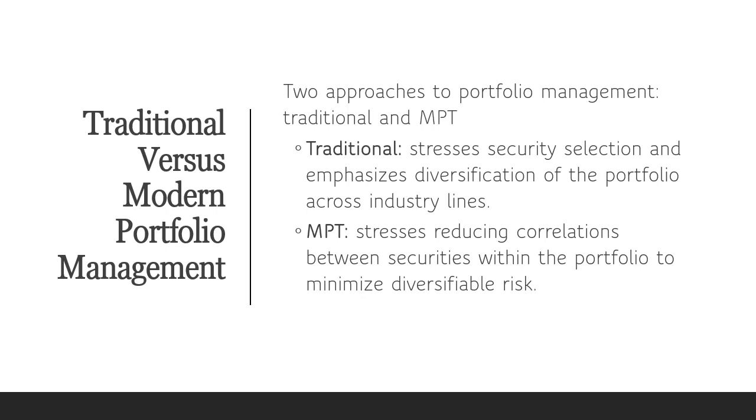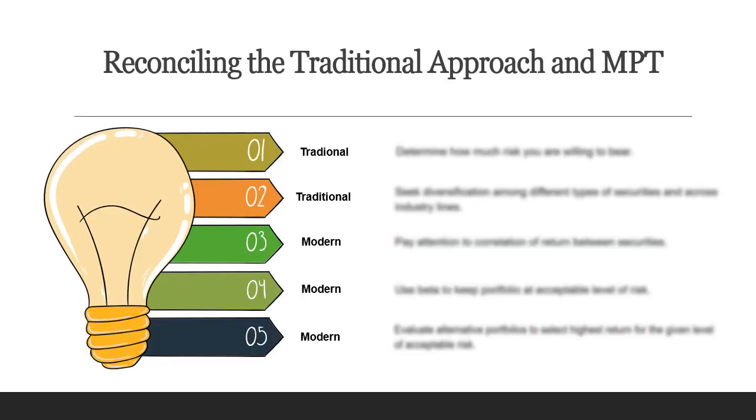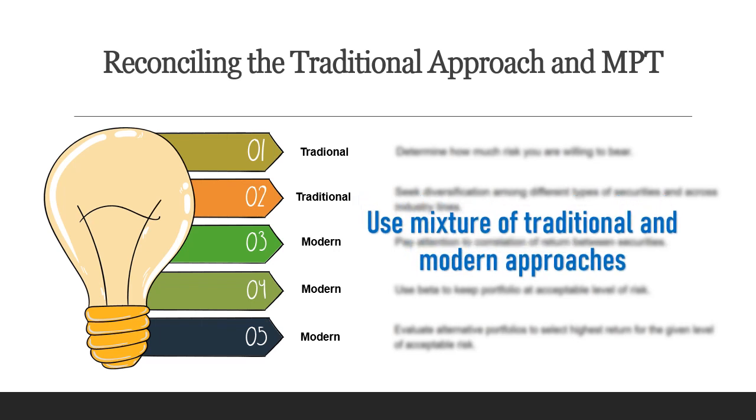So, the question now: which technique should we use, the traditional or the modern approach? Well, basically there is no definite answer to this. The question must be resolved by the judgment of each investor.